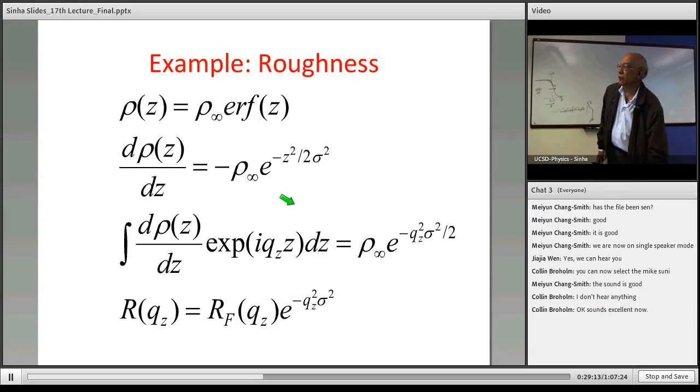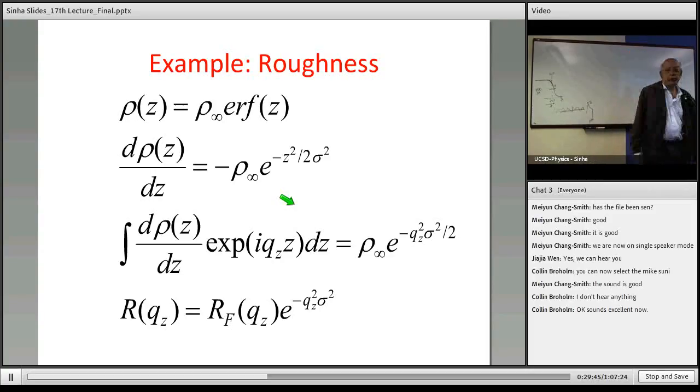The Fourier transform of a Gaussian, in 3 dimensions as well as 1, is a Gaussian, and you get this expression. And then when you modulus square this and divide by rho infinity, this factor of 2 goes away, and you just get the Fresnel reflectivity times e to the minus qz squared sigma squared.